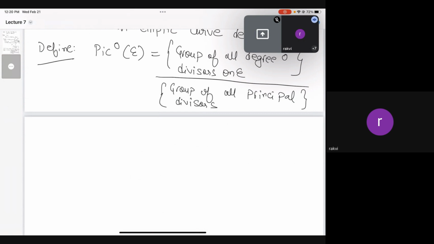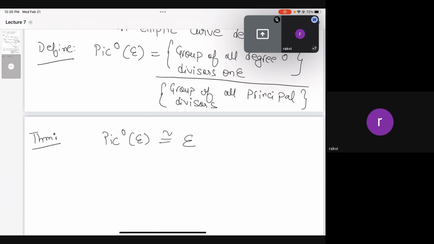Now what I'm going to state next is quite amazing and non-obvious. But again, because I want to focus on pairing for today, I'm not going to prove this. If we start with an elliptic curve and take this quotient group, Picard zero of E, then this is actually isomorphic to my curve itself.